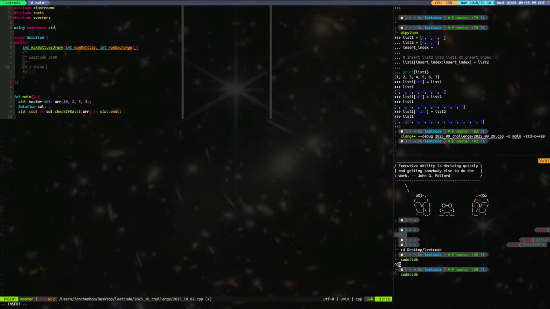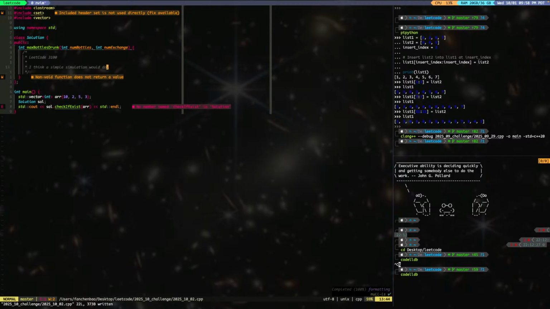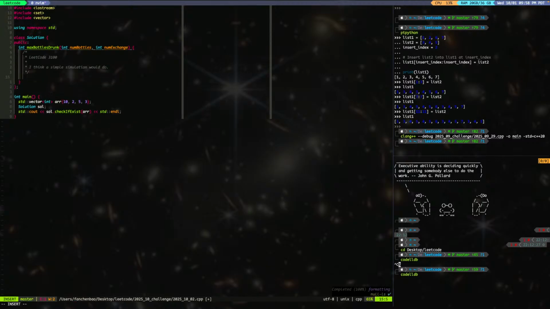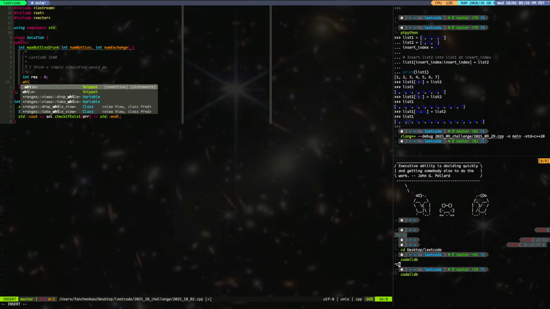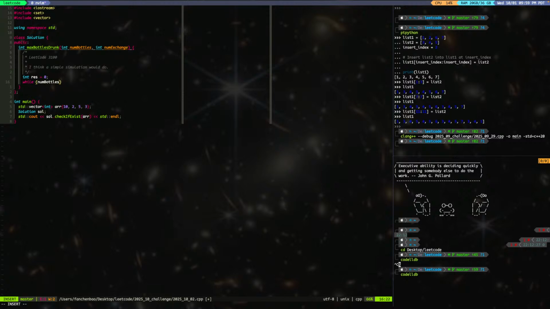I think a simple simulation would do. So int result, right? And its number of bottles, while numBottles is larger or equal to numExchange.